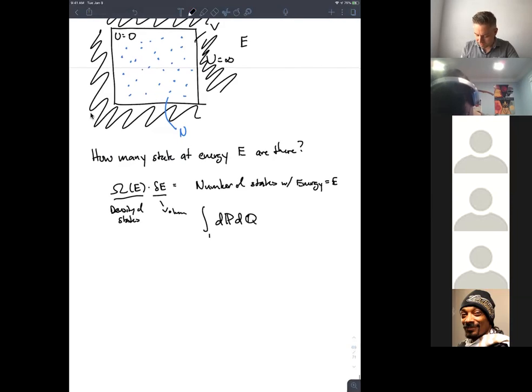So these are all values where the Hamiltonian is between E and E plus delta E. Then we went through how to calculate this specifically for a microcanonical ideal gas.